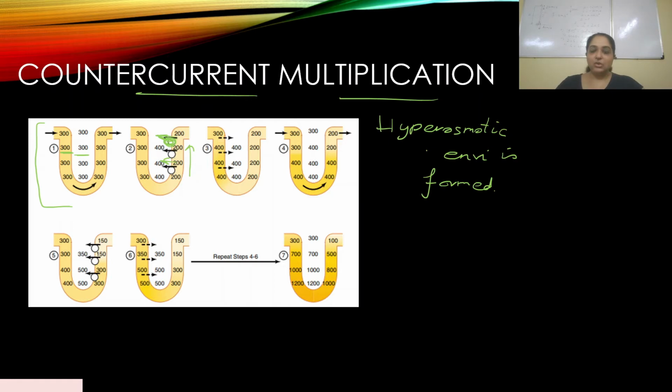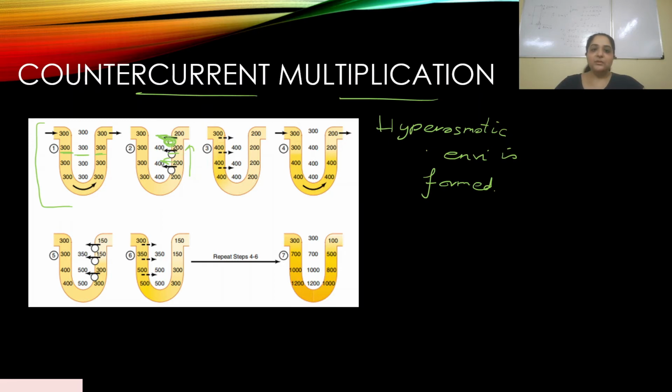So automatically the osmolarity will change. That means now from 300 it has gone down to 200. Why? Because salts are moving out. Wherever there is more salt, there is more osmolarity, right? Hyperosmolar region means there are lots of salts in it: there's urea, there is sodium, there's chloride, there's a lot of salt.